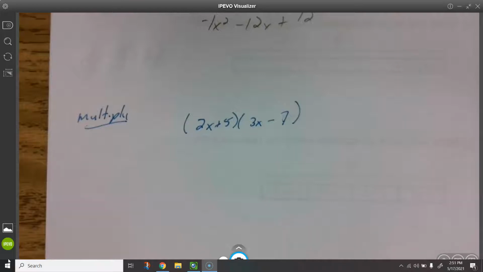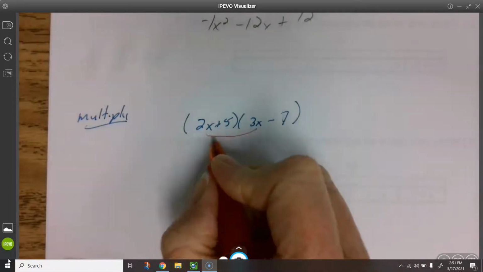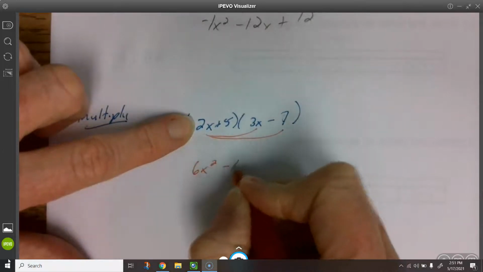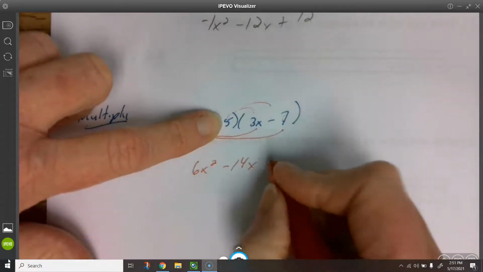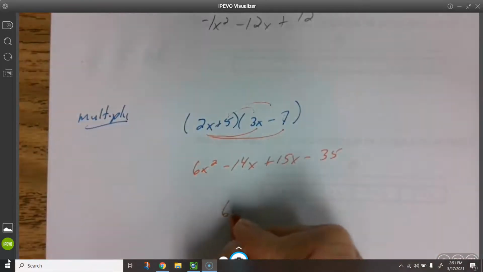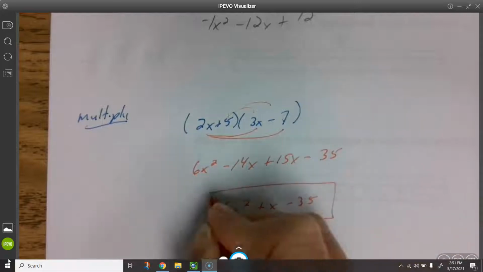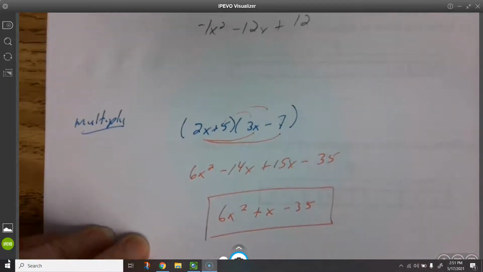If not, go and multiply and come back in. Okay, I'm going to go now. I'm going to take 2x times 3x, 2x times 7, right? So I get 6x squared minus 14x. Now I do the same with the 5. So I get 15x minus 35. So I get 6x squared plus x minus 35. That's my answer. Okay? So that's multiplying.